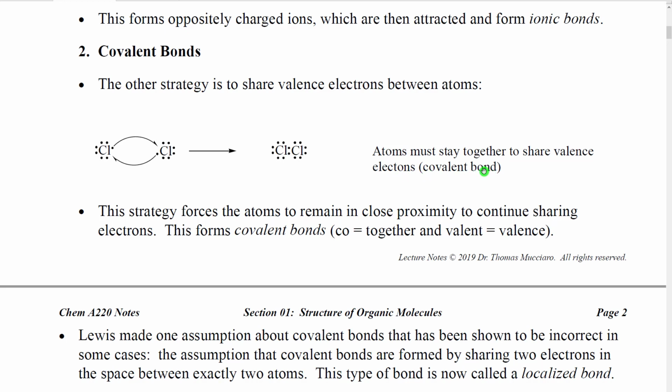They're bonded together, they're stuck together because if they separate, they no longer share those electrons, and then they no longer believe that they have complete octets. So the strategy of forcing the atoms to remain in close proximity to continue sharing the electrons is called the covalent bond, which is really just an abbreviation, co meaning together, valent standing for valence, so putting the valences together.